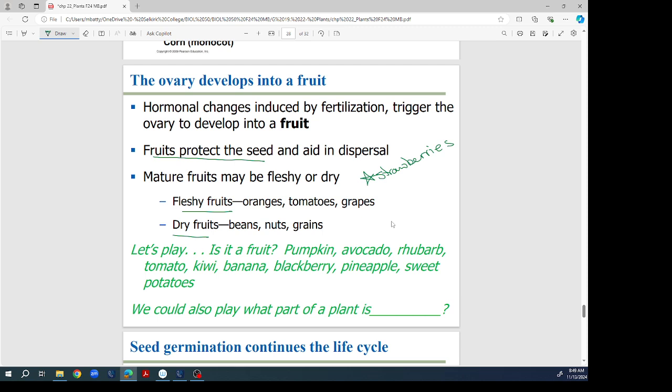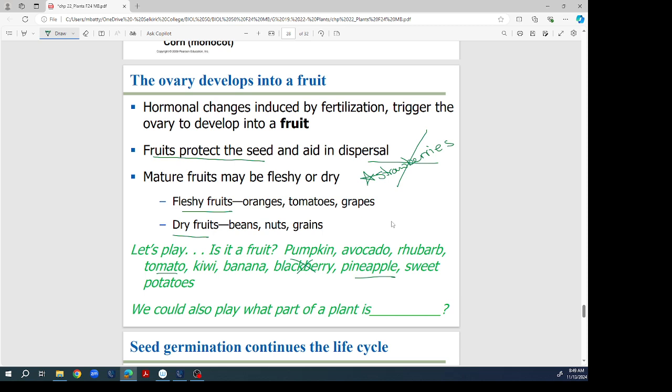As an example, zucchini is technically a fruit. Tomatoes are a fruit, whereas berries are not technically a fruit. If you think of where the seeds in a strawberry are, they're on the outside. In the lab, we'll also talk about different kinds.